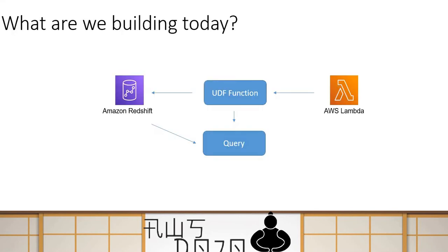Now, what are we going to build today? We'll have a Redshift cluster, and then we'll have a Lambda function, and then we'll create a UDF function based on this Lambda function, and use that in a query. Part of this code I showed you in examples earlier, but we are going to build everything from scratch, and that will give you a very good idea about how you can create a Lambda-based UDF function inside a Redshift cluster.